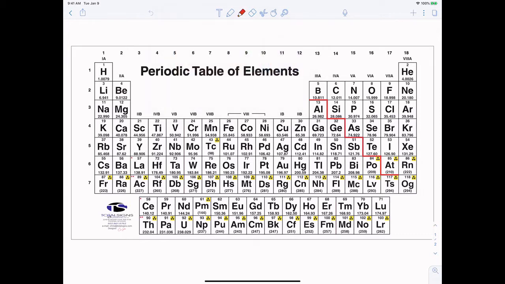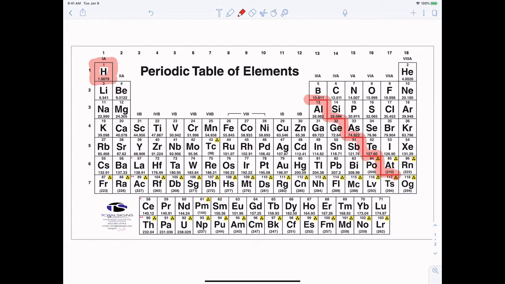And the first thing I want to do is focus on this red zigzag line. So this line that goes through here. What this is doing is it's separating our metallic elements from our non-metallic elements, with the exception of hydrogen. Watch out for hydrogen here. Hydrogen is a non-metal.